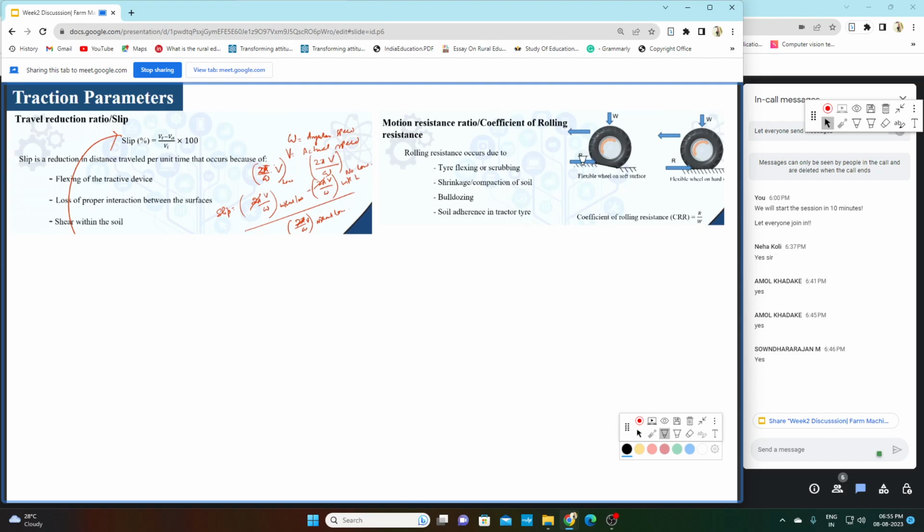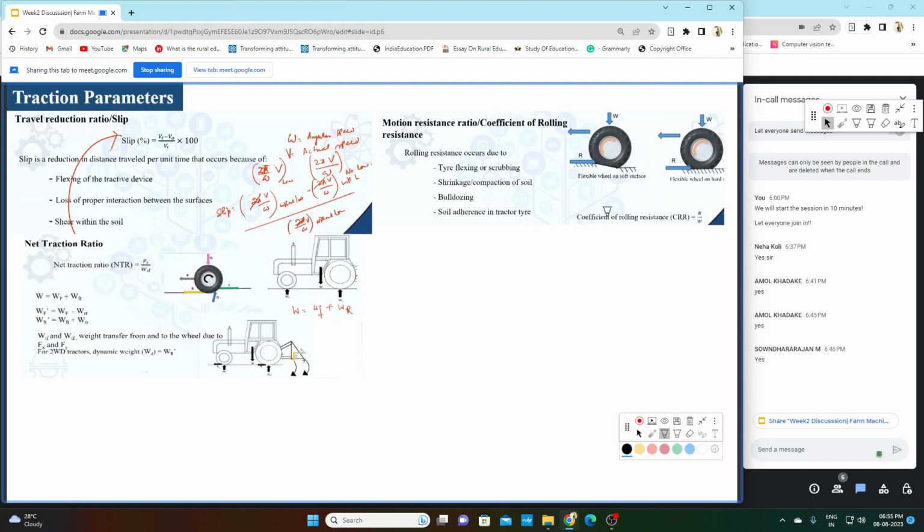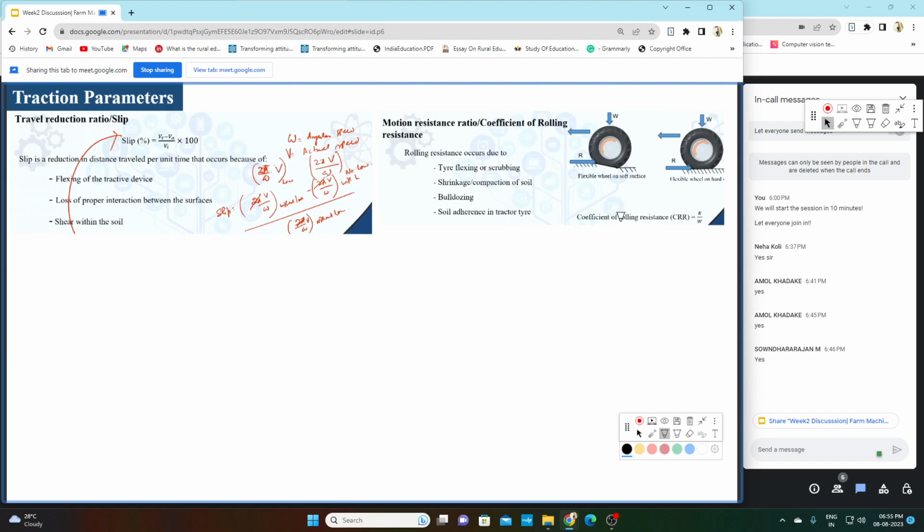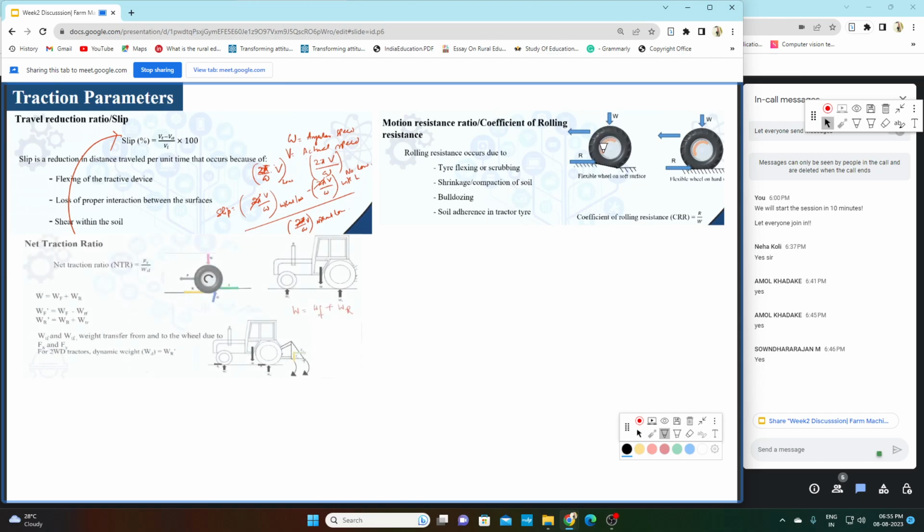So this R is your rolling resistance. Now, the rolling resistance ratio, also known as coefficient of rolling resistance, is R by W. R is your rolling resistance and W is the dynamic weight that is coming on your wheel. So this is the coefficient of rolling resistance.